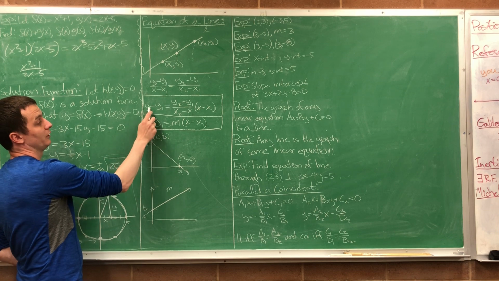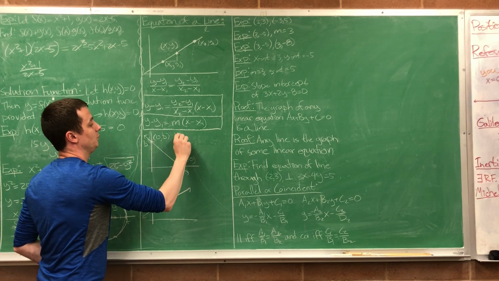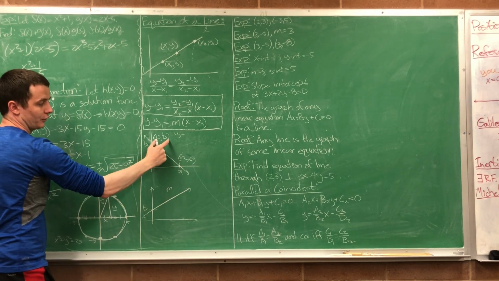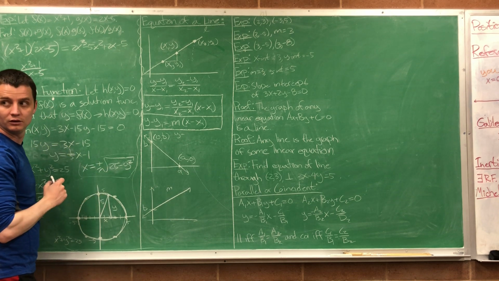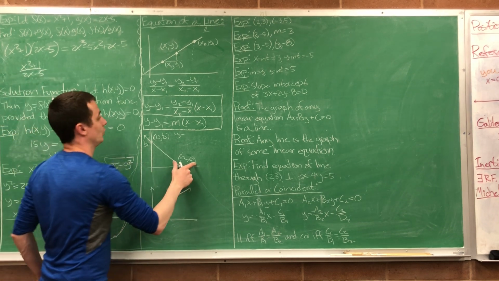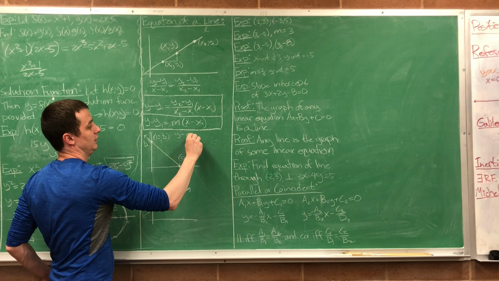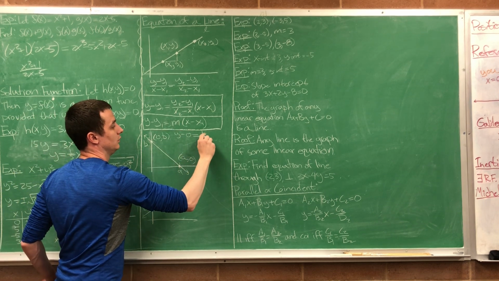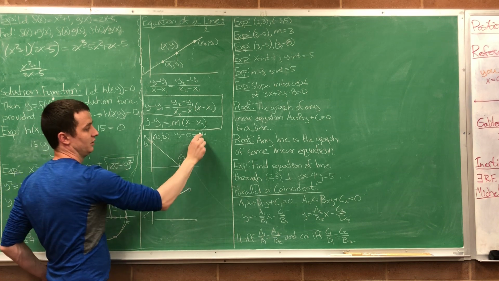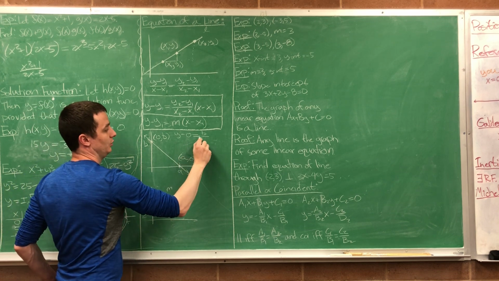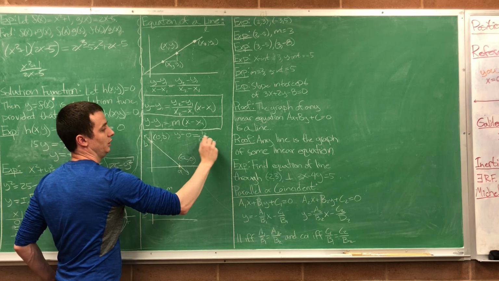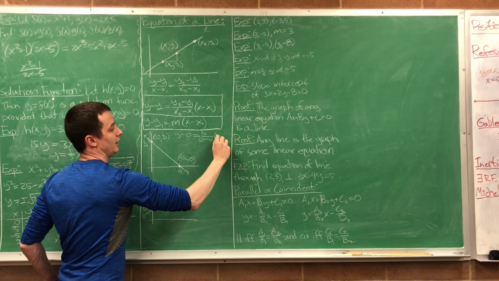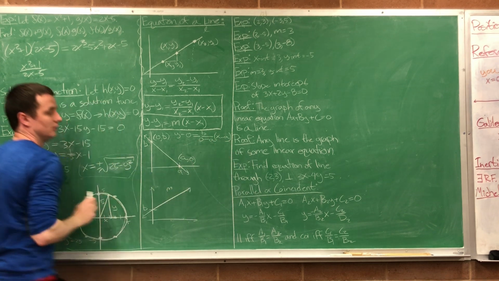So using this formula right here, we know that y minus, should we say that this is our first point or this? This is our first point. All right, so y minus y1 is equal to y2 minus y1 over x2 minus x1 times x minus x1.